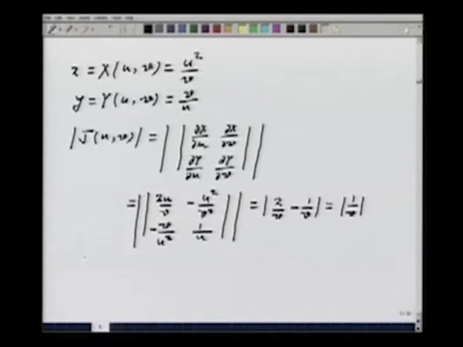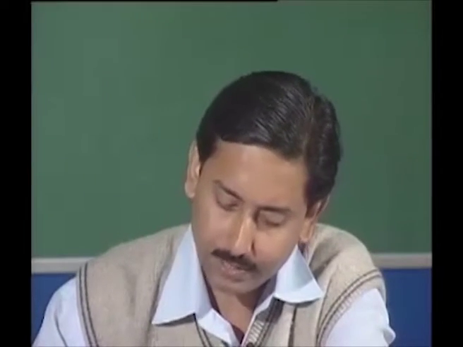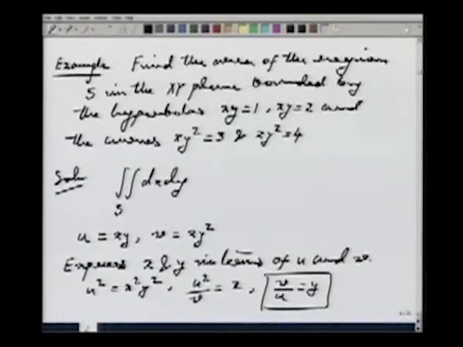Now I look at the integral. I need the limits of u and v. That was the whole point of going to this change of variable, because the limits of x and y, which describe the region S, turn out to be complicated. So we look at the limits of u and v, perhaps that is simpler and describes the transformed region.